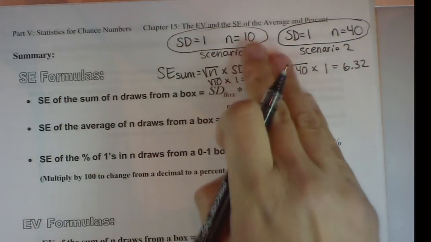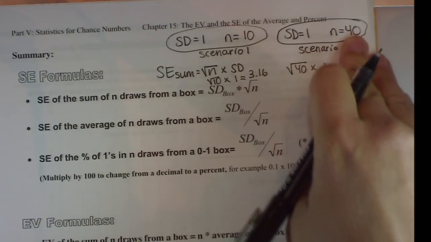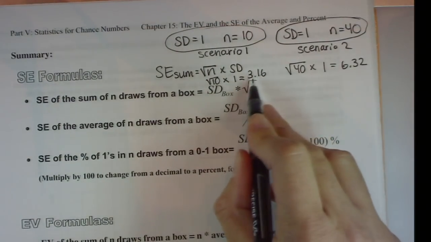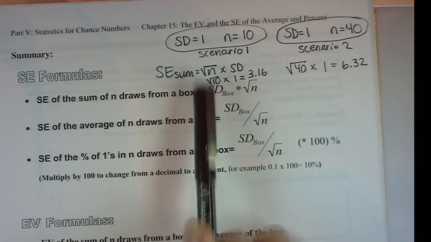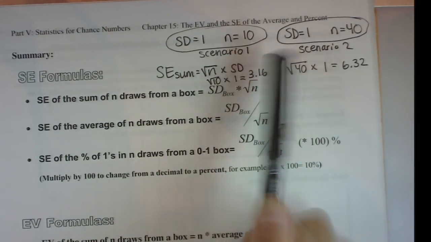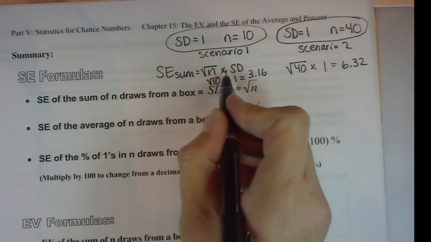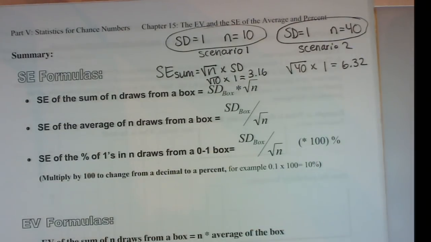So n went up by a factor of 4, right? 10 times 4 gives me 40. And the standard error only went up by, this times 2 gives me this. It only went up by a factor of 2 because of the square root of n. If the formula was n times the SD, then sure, we'd multiply by 4. Then it would be a direct relationship. But because it's the square root, then we have to take the square root.